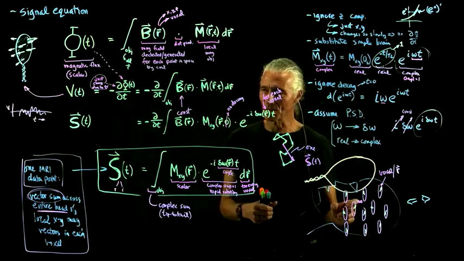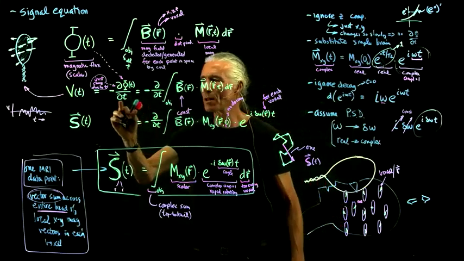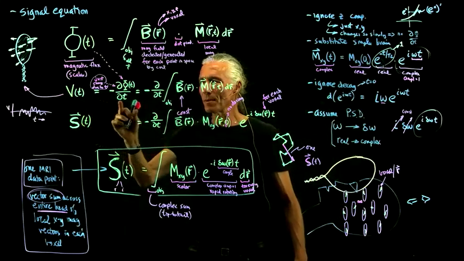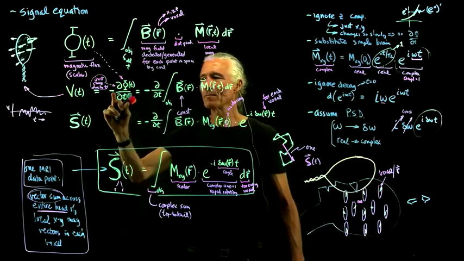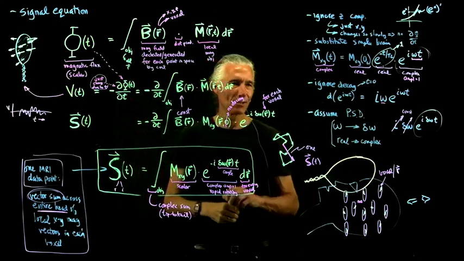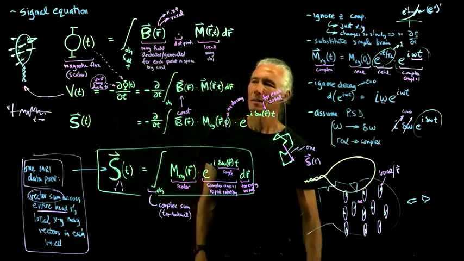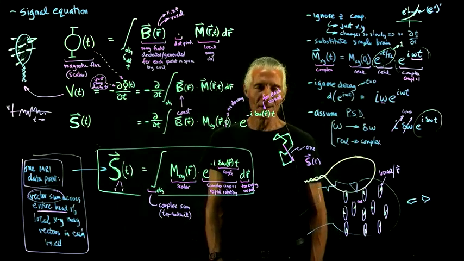It's just changing too slowly to generate anything, because this voltage is all about the rate of change of the flux. And the rate of change of the flux due to the Z component is too slow to make anything. So we essentially ignore it. Now, you might think, well, what about T1?